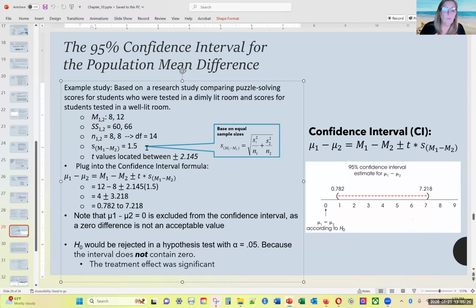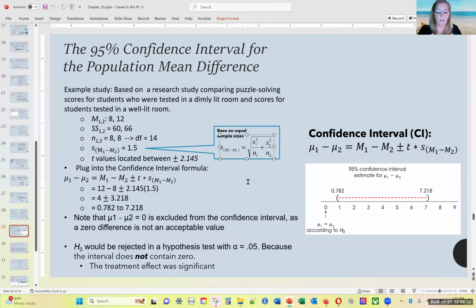And then you do your pooled variance here. Remember, you use this formula for that. And then the t-values, we would find, are located between plus and minus 2.145 based on our degrees of freedom and our alpha level of 0.05, because we're using a confidence interval of 95%.